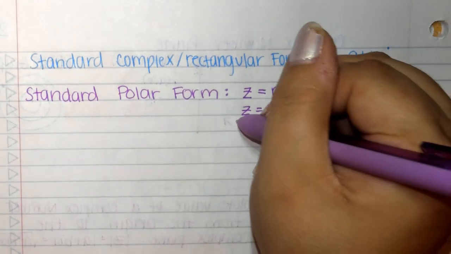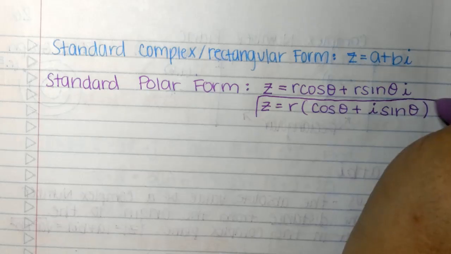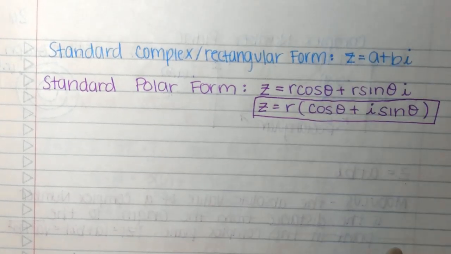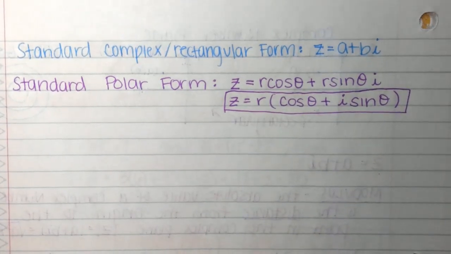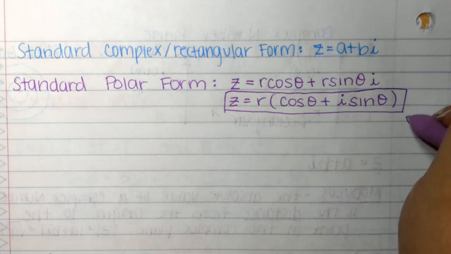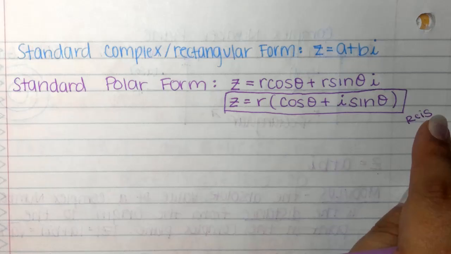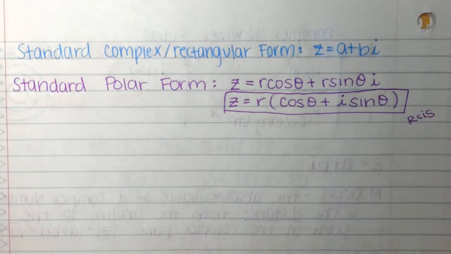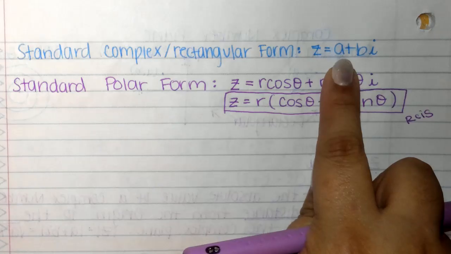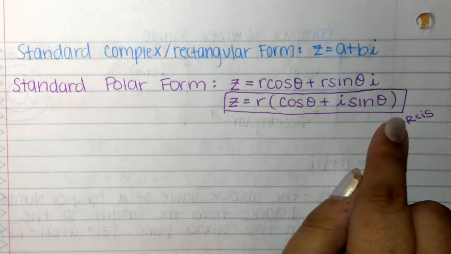This is the formula you're going to see me use. And what I write down to remember it is RCIS. R cosine I sine. If you can remember that, you'll have that one memorized. I'm hoping you already have A plus BI memorized. So the other one is RCIS.